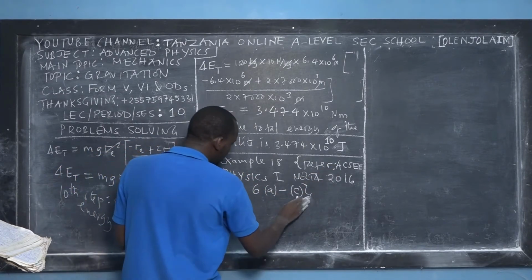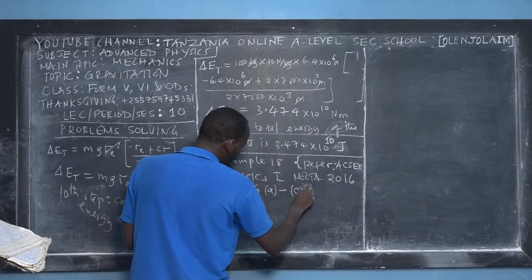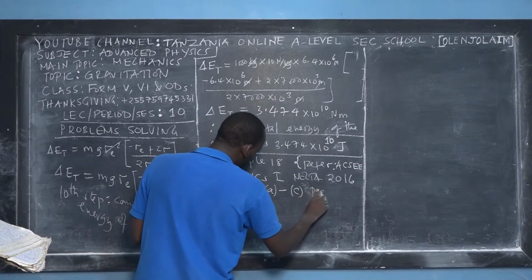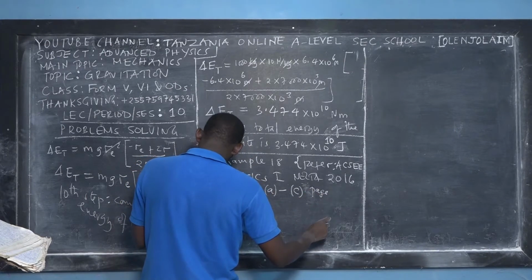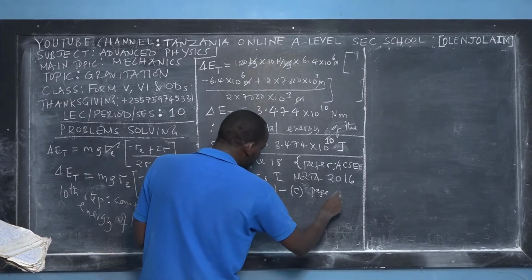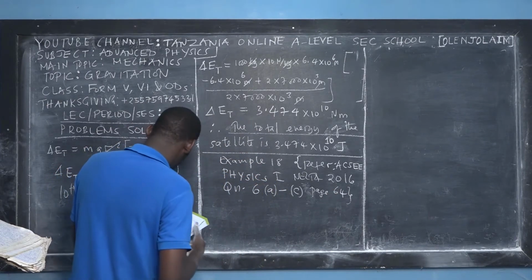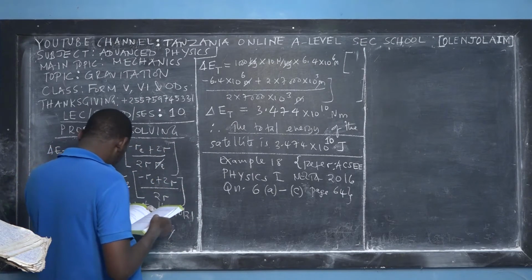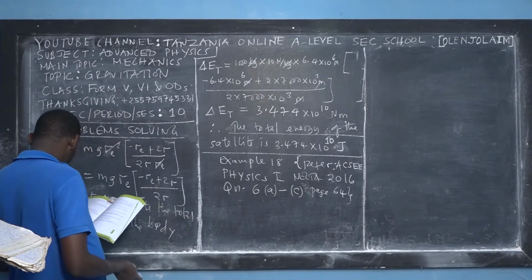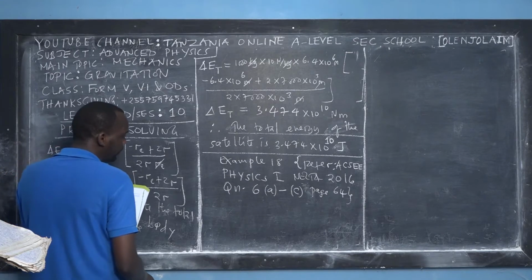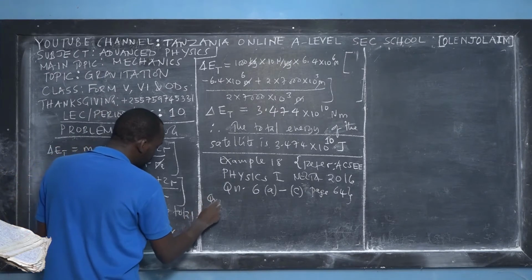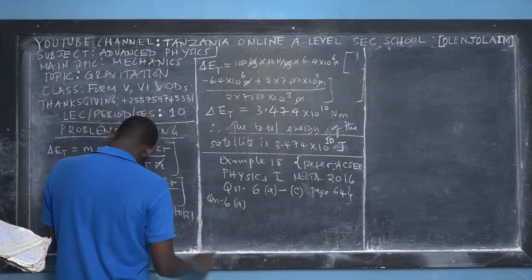So that's the referencing. And in case of the review book, you find this question in page, I don't want to give you too many details, so as to encourage you to go through these books. So the question consists of different parts, testing the whole concepts of gravitation. So let us start with question number 6A. Okay.